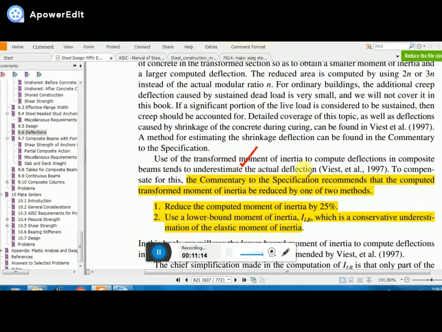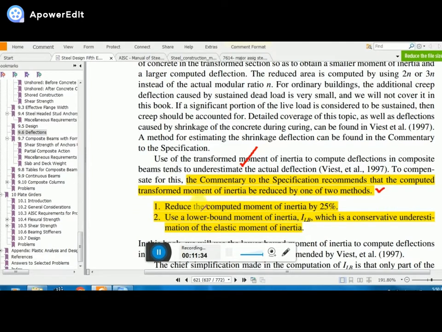This line is very important. This is the research work of these persons. To compensate for this underestimation, we have to reduce the transformed moment of inertia by one method.